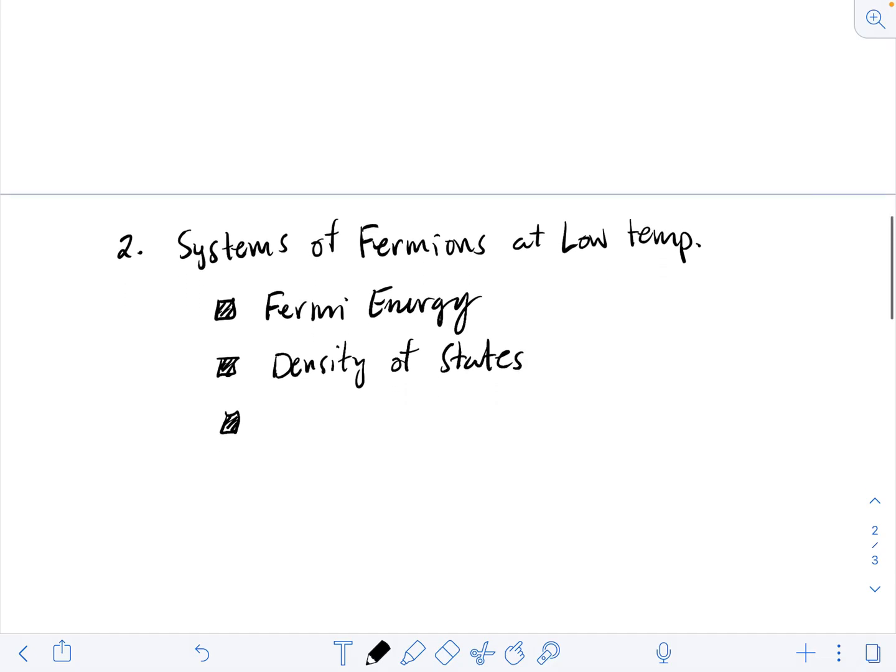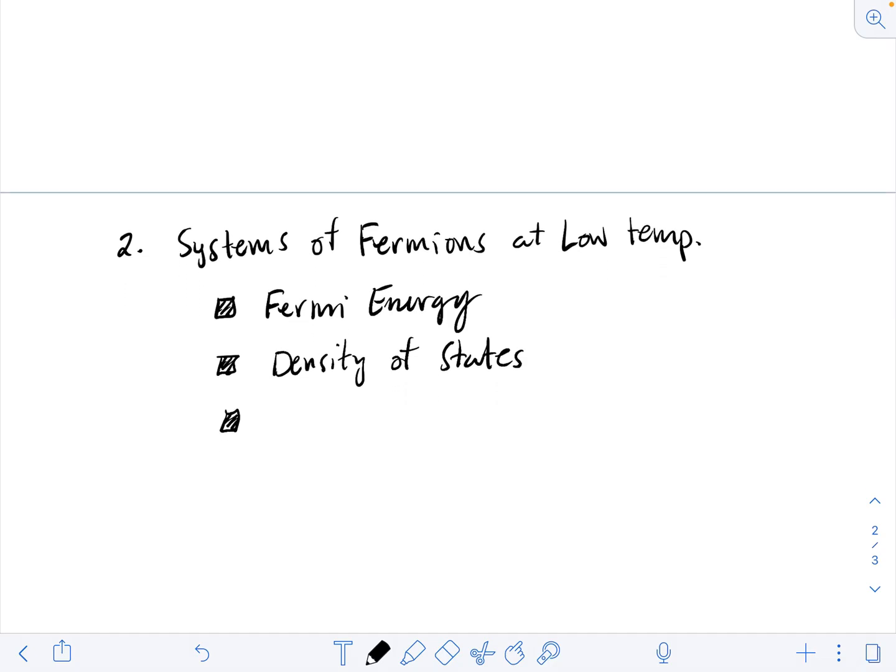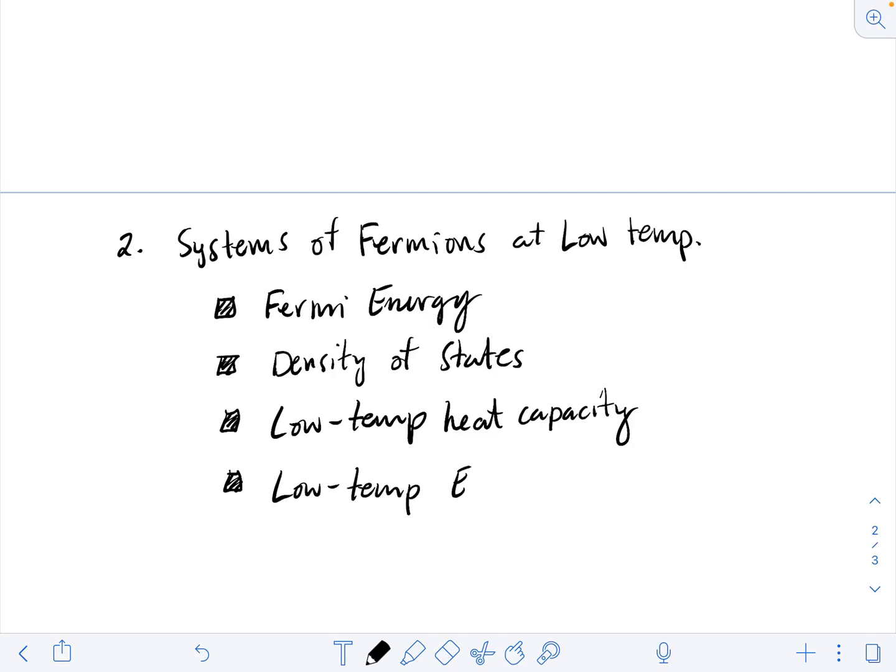And we'll use these things to calculate the low temperature heat capacity of fermion systems, as well as the low temperature entropy of a system of fermions.